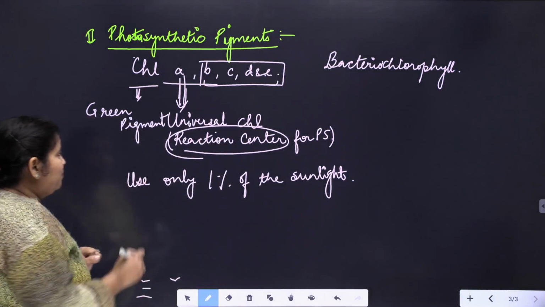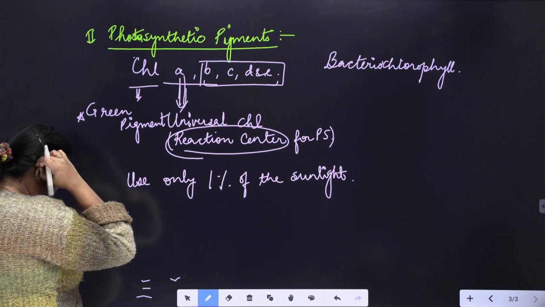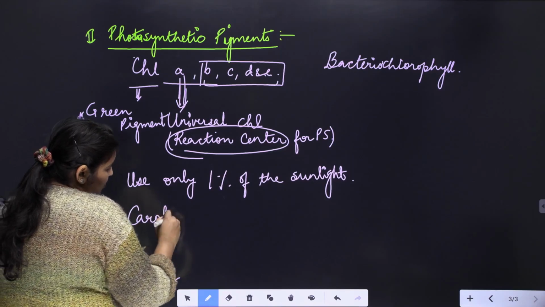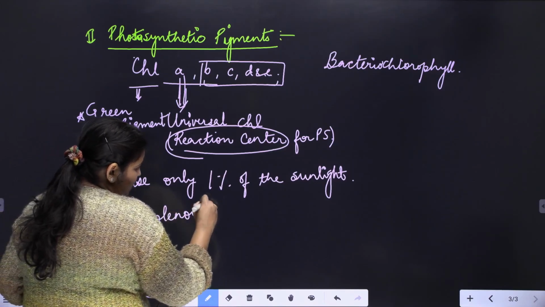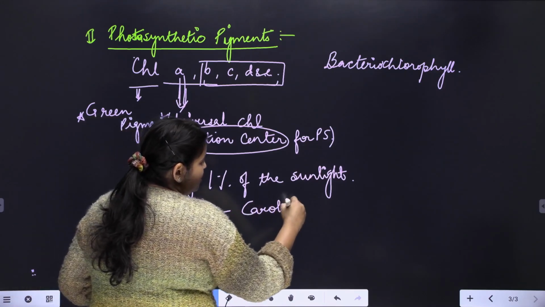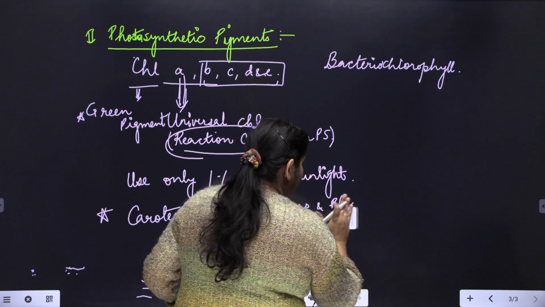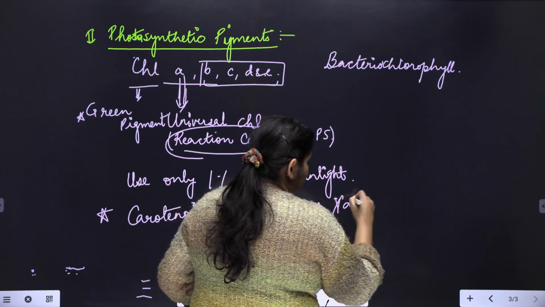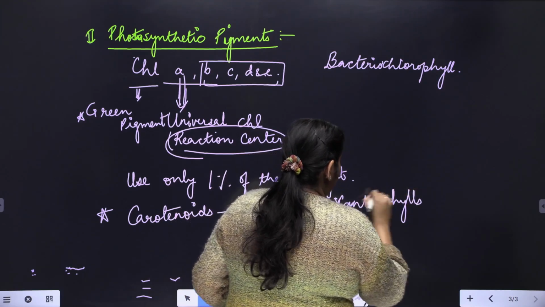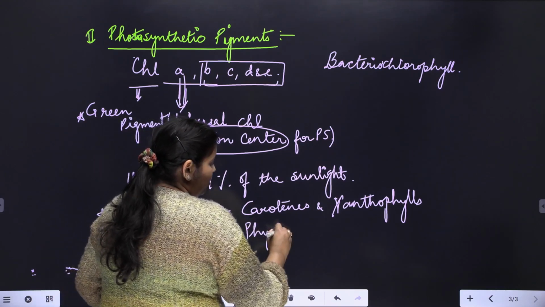Now, besides the green pigment, there are colored pigments also. These colored pigments are carotenoids, which have carotenes and xanthophylls, and the other is phycobilins.